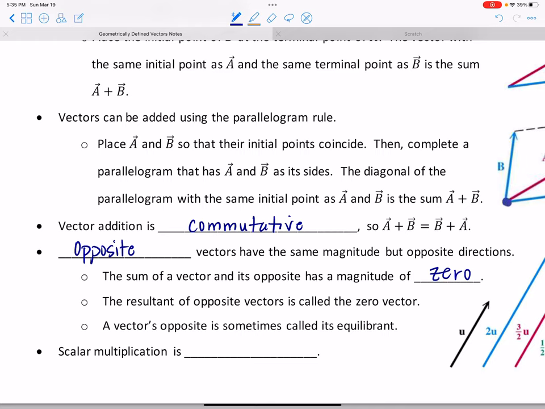And so the resultant of the sum of opposite vectors is called the zero vector. Sometimes a vector's opposite is also referred to as its equilibriant, but I'm not so concerned with that word. I just thought I'd throw it in there.